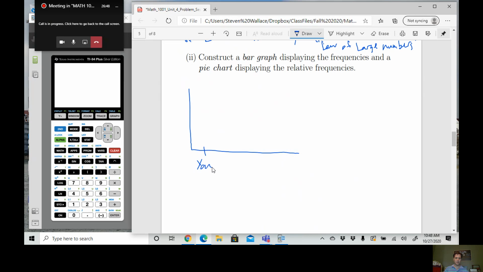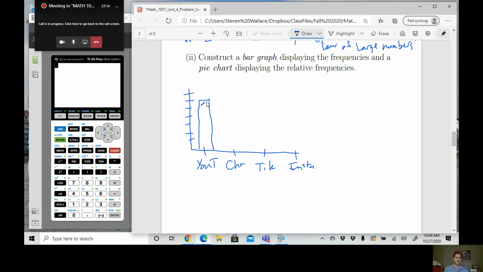So we got YouTube, we got Chrome, we got TikTok, and we got Instagram. And the height of the bars represents the frequency.